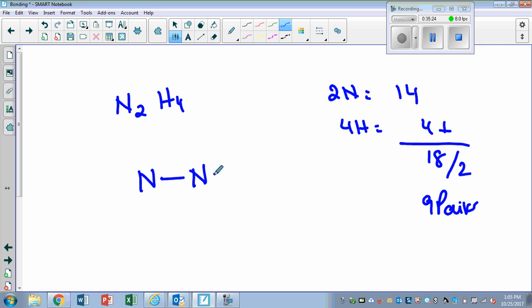So I'm going to have 2 hydrogens on one nitrogen atom and 2 hydrogens on the other nitrogen atom. I have used 1, 2, 3, 4, 5 pairs already. I'm left with 4 pairs, and for those 4 pairs I will make it a double bond.